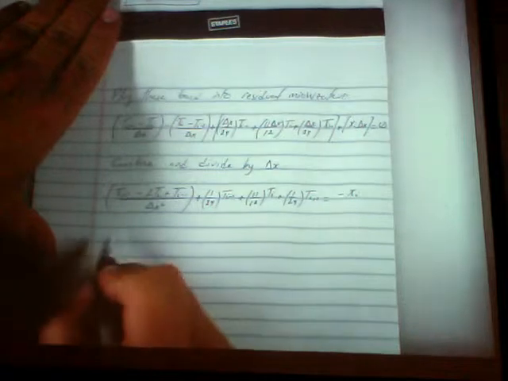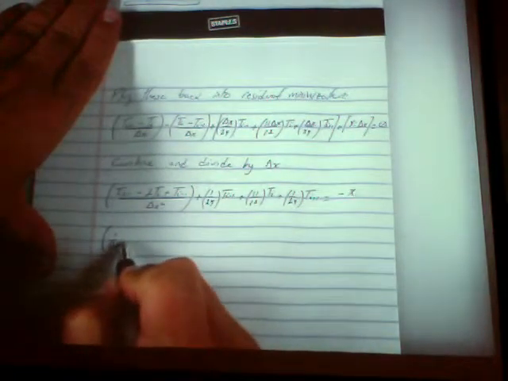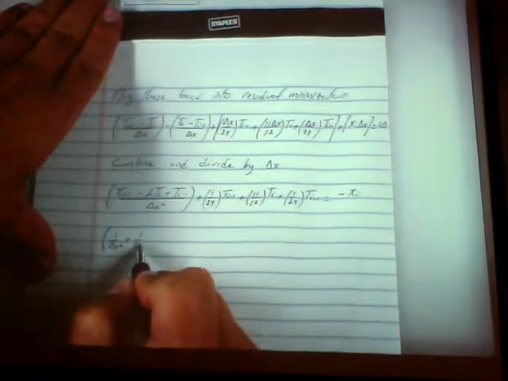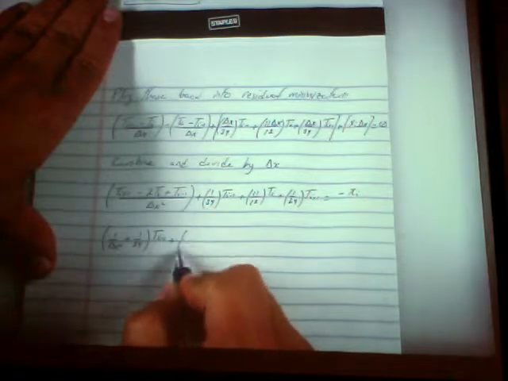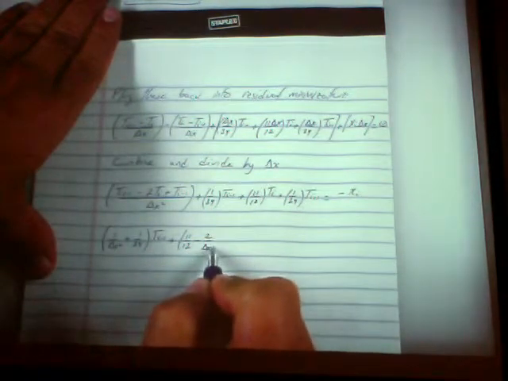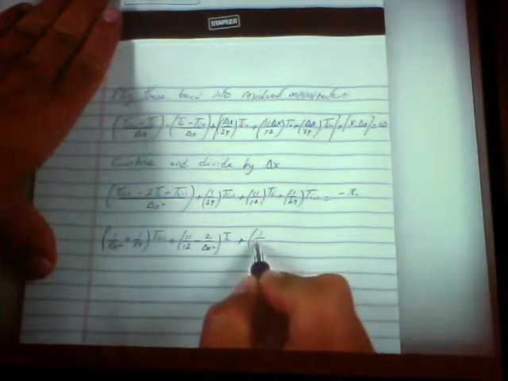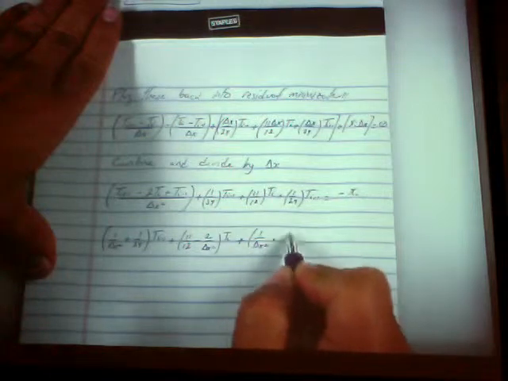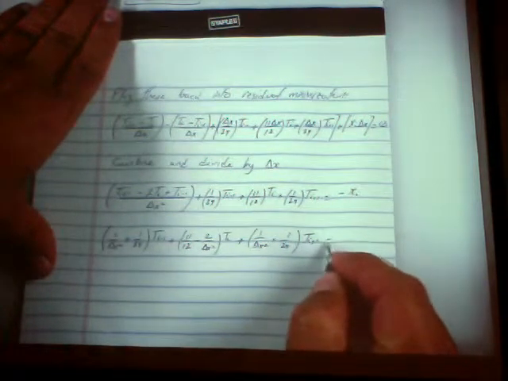So when we combine this, we have 1 over delta x squared plus 1/24 of Ti minus 1, plus 11/12 minus 2 over delta x squared of Ti, plus 1 over delta x squared plus 1 over 24 Ti plus 1 is equal to minus xi.